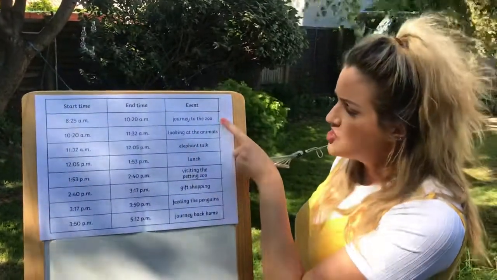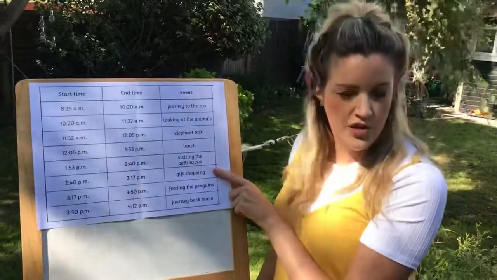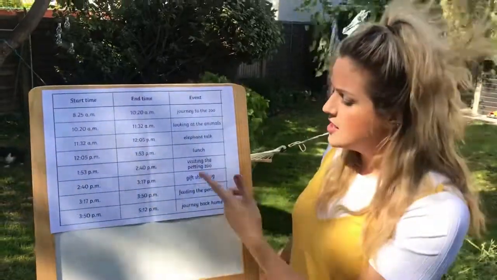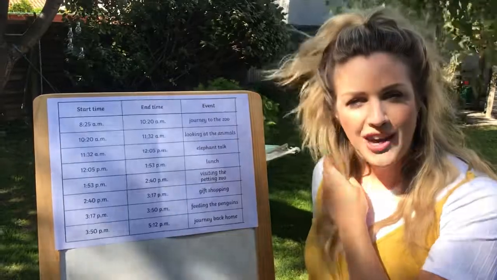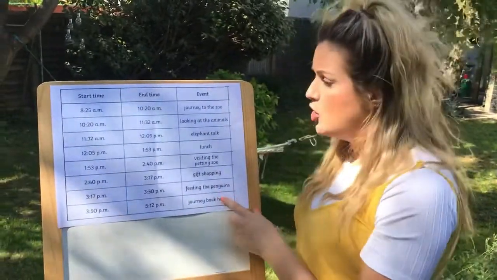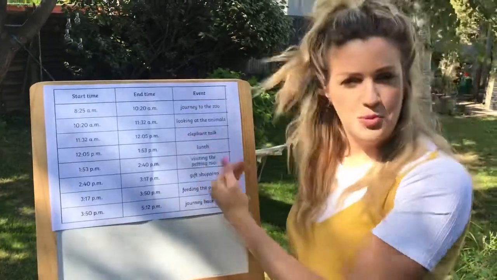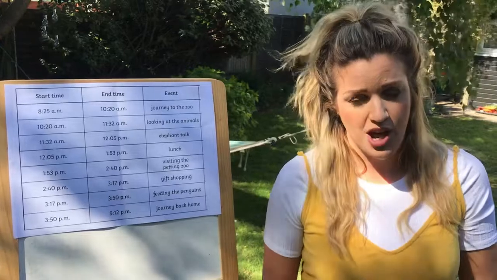So journey to the zoo, looking at the animals, going around the gift shop, trying to convince your parents to let you buy loads of things, and going back home. So you have got to work out the duration of these events, how long was spent doing each one. And for these, you need to draw a timeline.